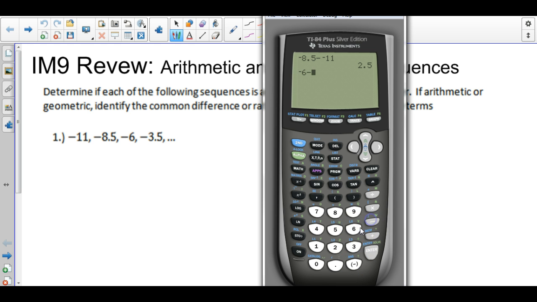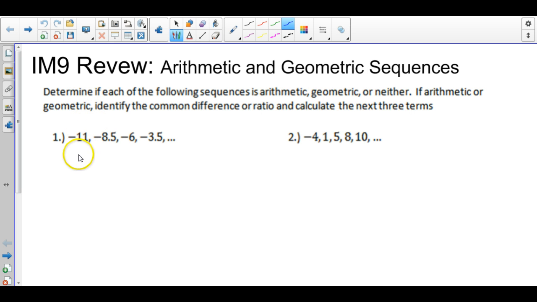So I'm going to take negative 6 minus negative 8.5, and if this comes out the same, that means that's my common difference. So it is, which means that this sequence is increasing by 2.5 every time. So if you keep moving to the right between your terms, what you are doing is adding 2.5 every time. So that means that your common difference is 2.5.